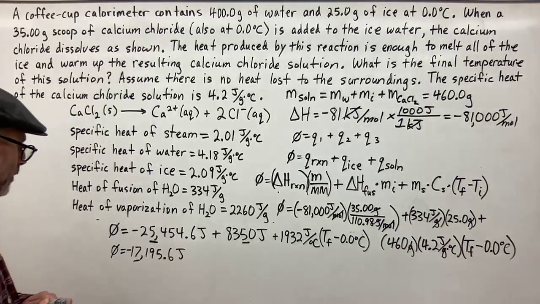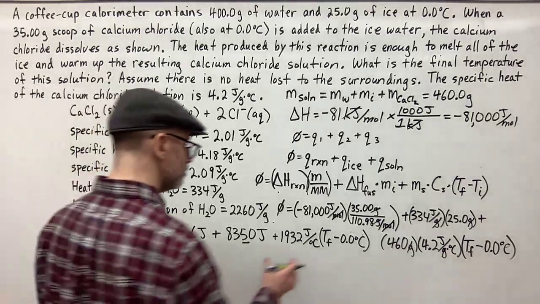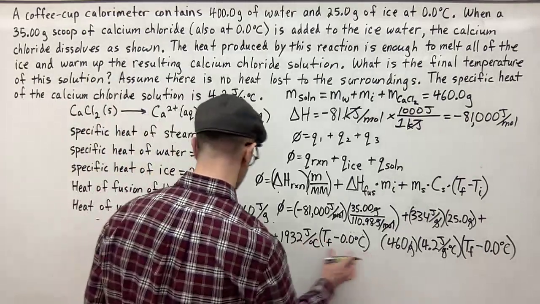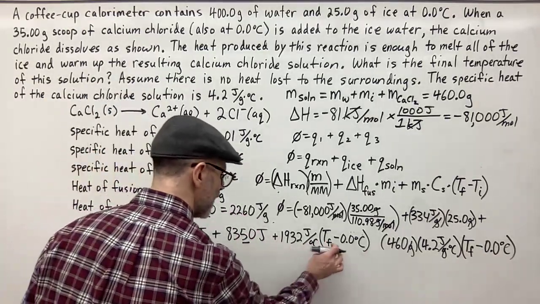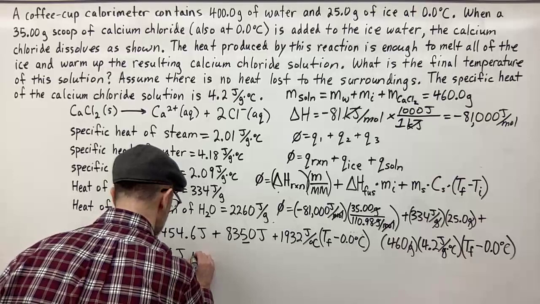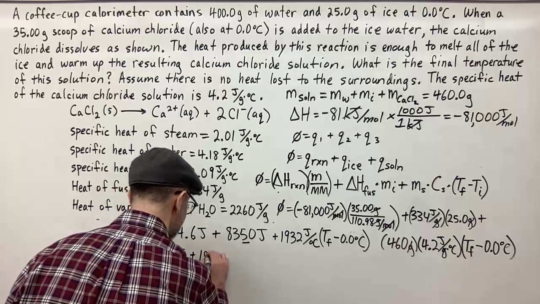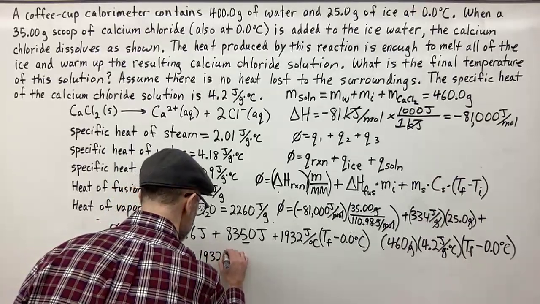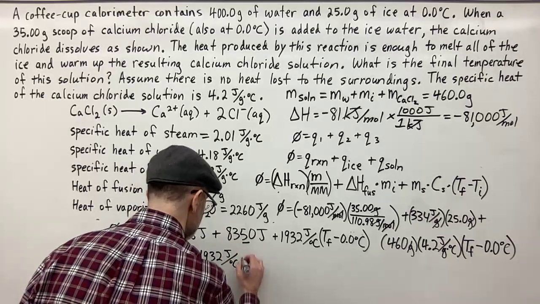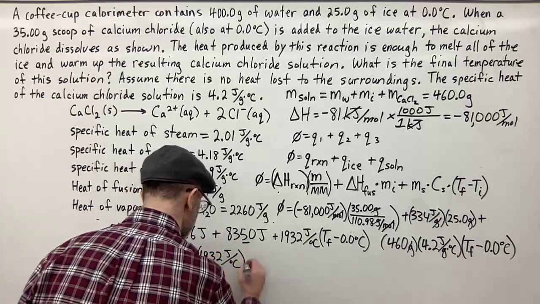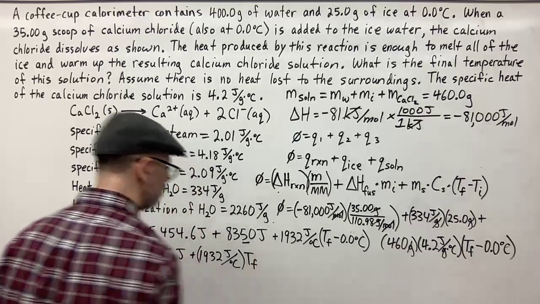Okay? And then I'm going to distribute this. So this times this is just going to give me plus 1932 joules per degree Celsius multiplied by TF, the final temperature.